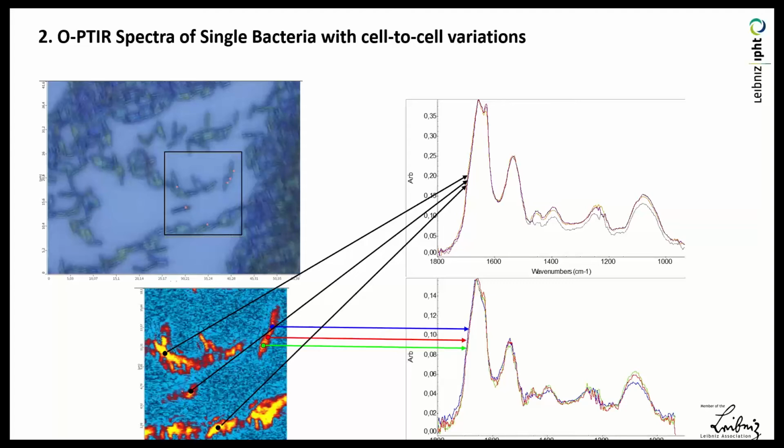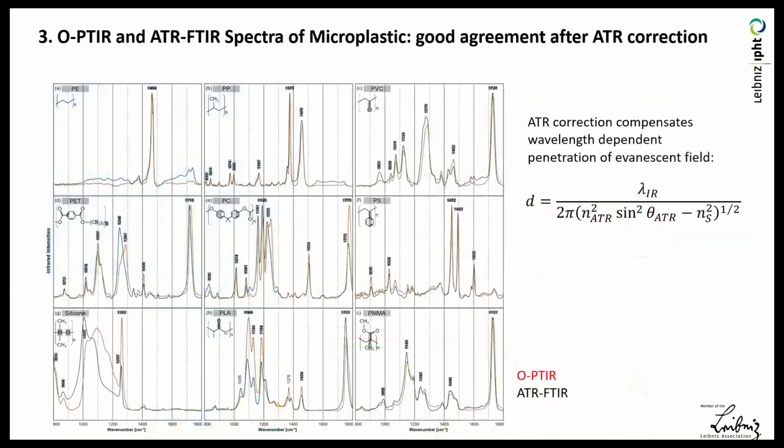If you look closely, there are some small changes in the shoulder of the amide band. I don't know why, but it's interesting to see that there are some variations which can be detected with the OPTIR system.